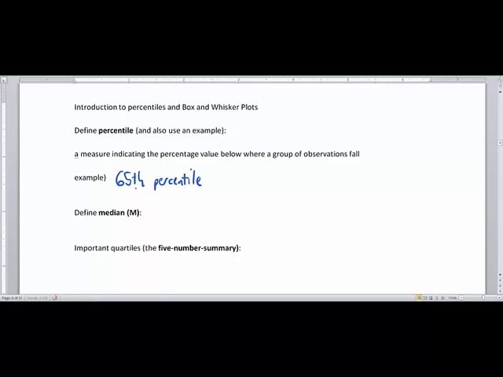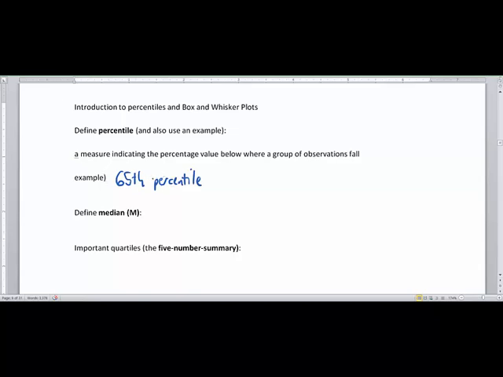Now, if they said that your child was in the 65th percentile, that means that 65% of the children born weighed as much or less than your child. And 35%, the complement, are actually at your weight or higher.